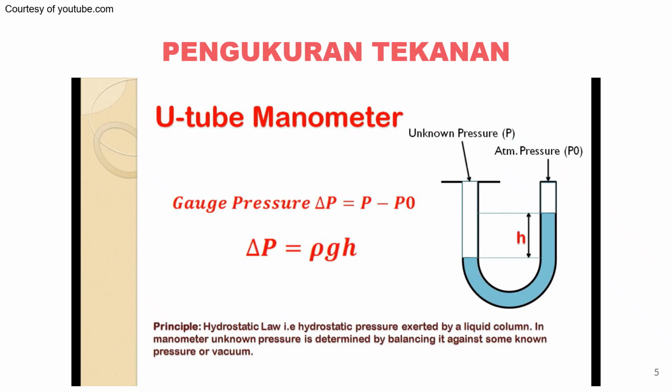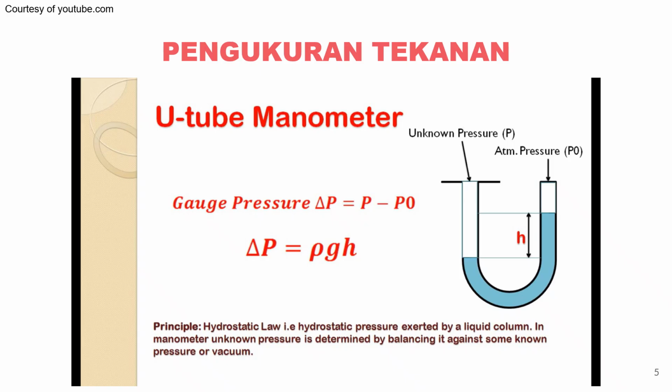Next device is the manometer or U-tube manometer. A manometer is a device in which a column of suitable liquid is used to measure the difference in pressure between two points or between a certain point and the atmosphere.